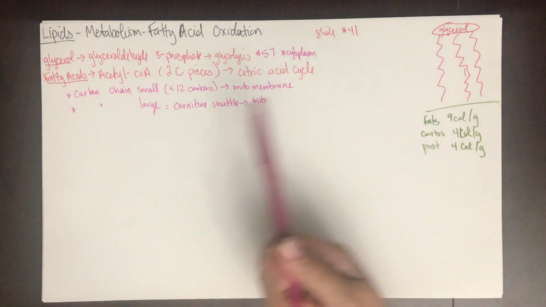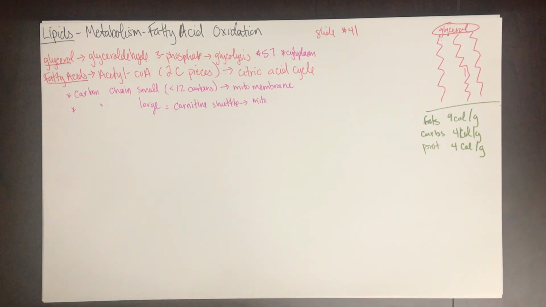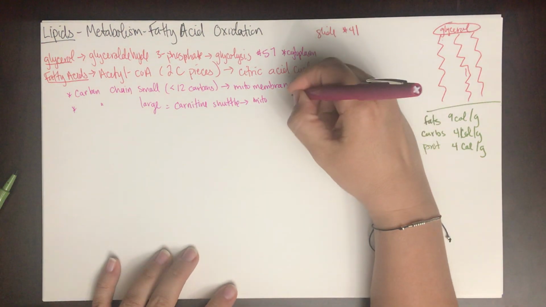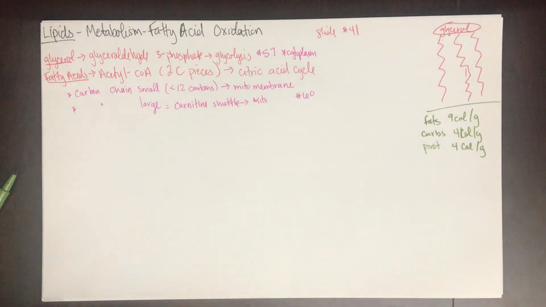So smaller carbon chains can diffuse freely into the mitochondria. Larger carbon chains need some help. They need this carnitine shuttle. And this carnitine shuttle, a good picture of that can be found on slide number 60. So this carnitine is this transport protein that attaches to the larger carbon chain, and it goes through this transport protein on the inner mitochondrial membrane, and it transfers it into the mitochondrial matrix.